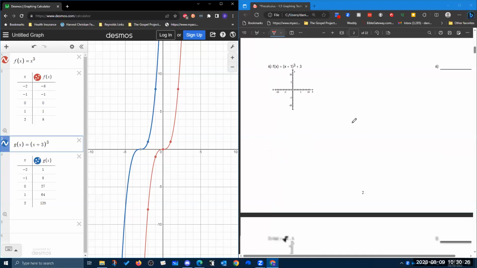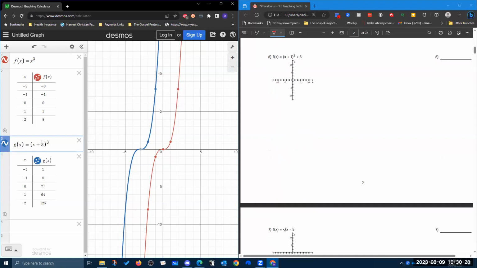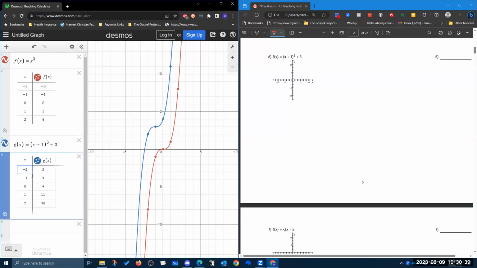All right, let's try one with both a horizontal and a vertical shift. It's plus 1 inside and plus 3. And I'm going to go ahead and make this my set of points that have been shifted to the left 1, and then they are shifted up 3.